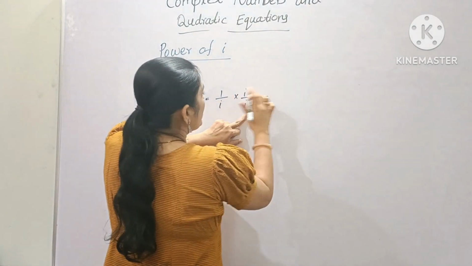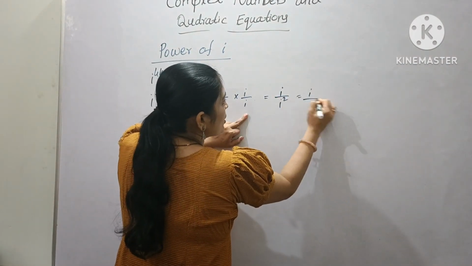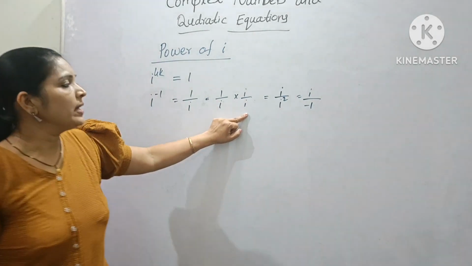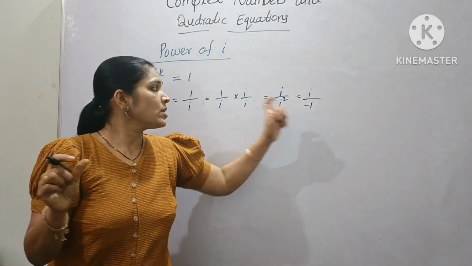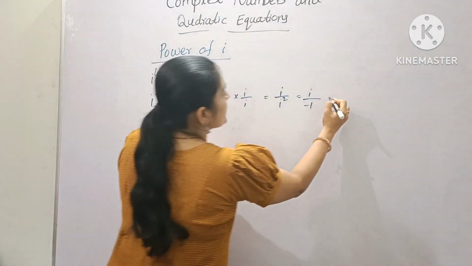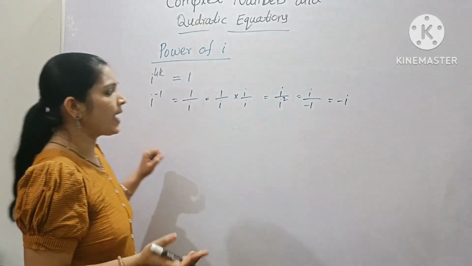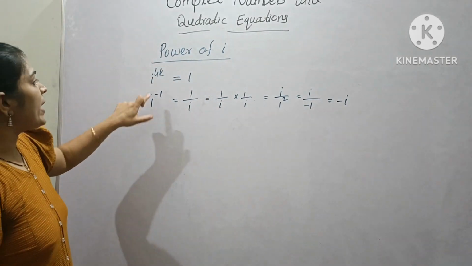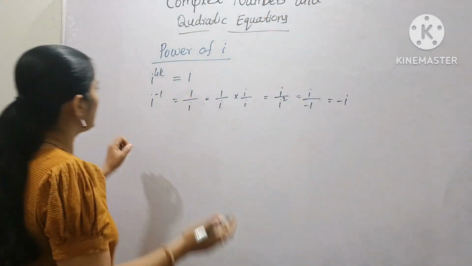So that you will get the denominator as a real number. So 1 into i, divided by i square, that is i divided by minus 1. Now we have got a real denominator, and that is nothing but minus i. So the value of i raised to minus 1 is minus i.